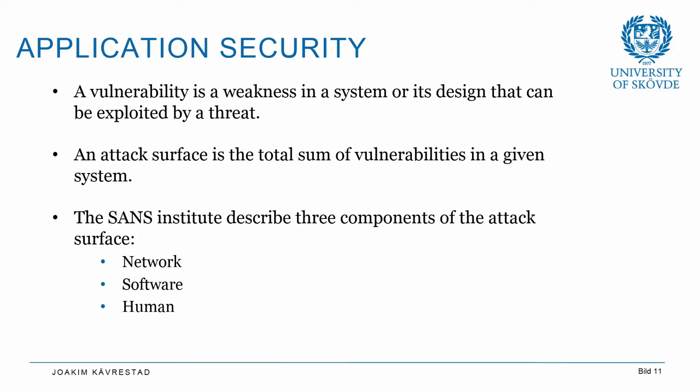The SANS Institute described three components of the attack surface towards a computer system: network, software, and human. Any of those three components has a partial attack vector. You can attack any of them in different ways to get access to the computer system.